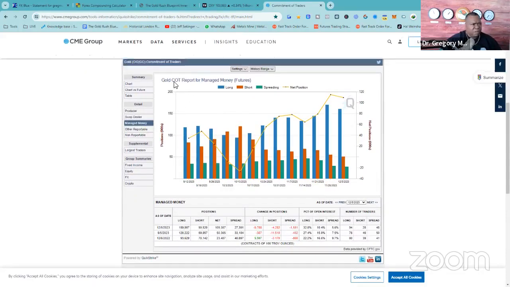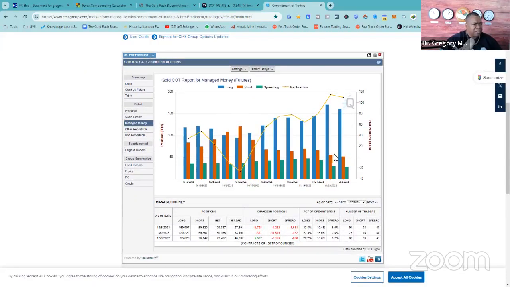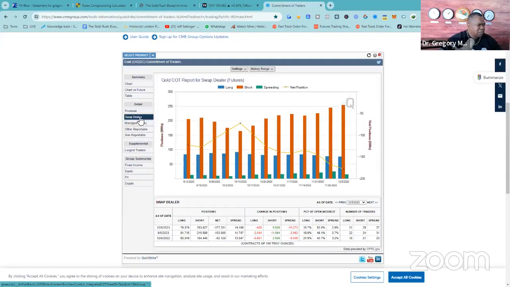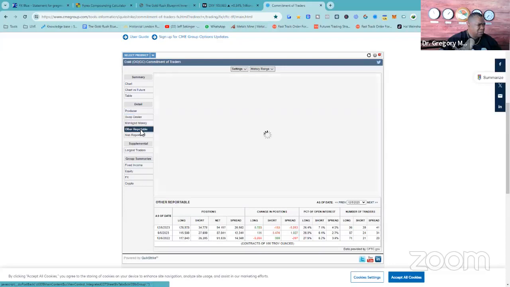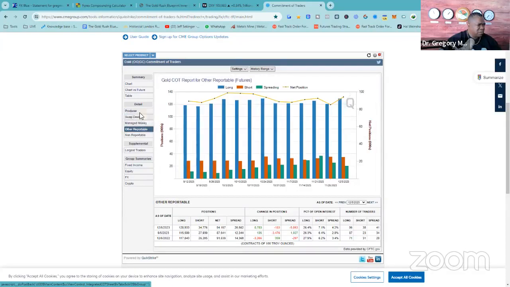COT stands for the Commitment of Traders Report, and we can see that there's a huge demand for gold every week. That's been increasing, right? And so this is the managed money that's actually getting long gold. The dealers are selling gold to people, and other reportables are getting long gold too.